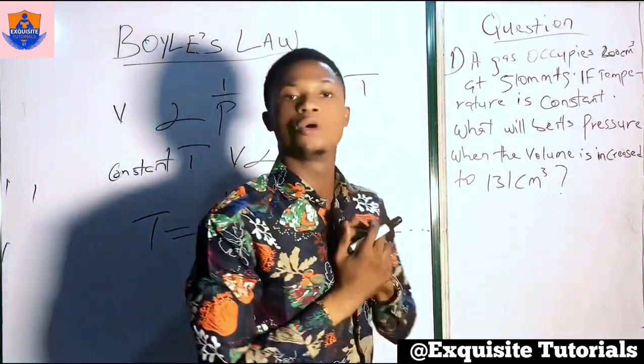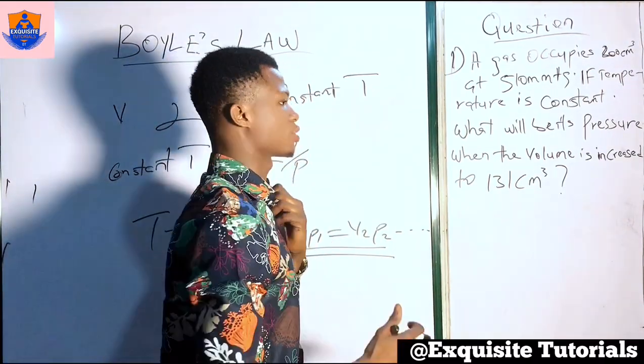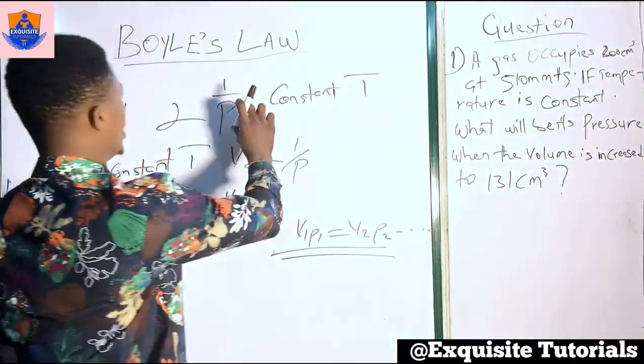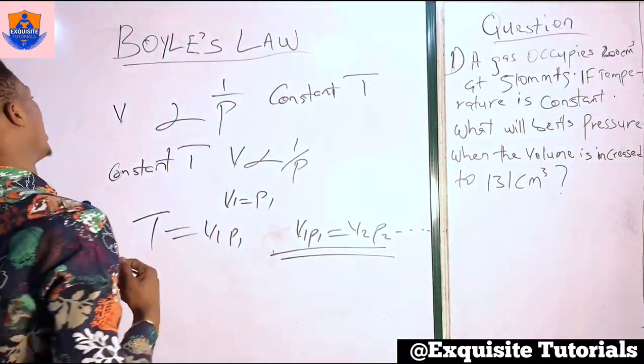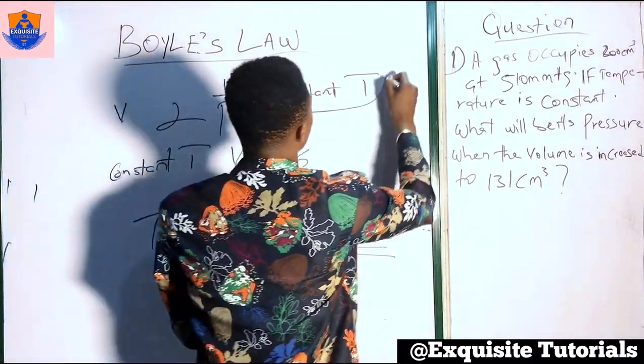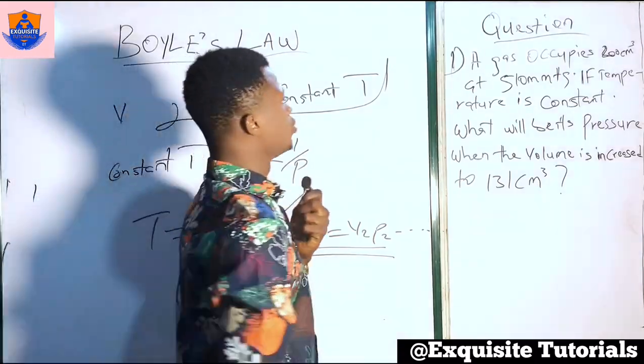Now, how do you know, first of all, if an equation is coming from Boyle's law, Charles' law, or the general gas equation? Remember the definition here. This definition will give you an idea on how to know if a question is from Boyle's law. Remember we said that T is constant. Now, let's look at this.